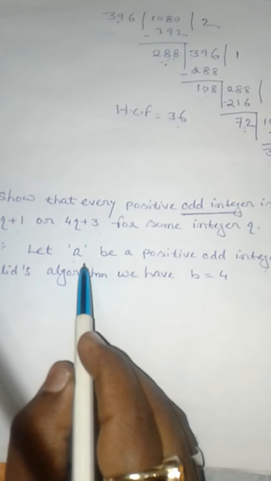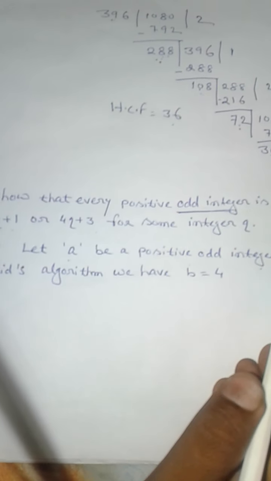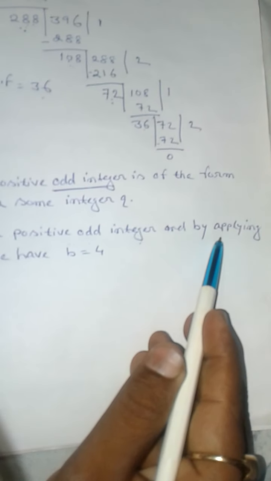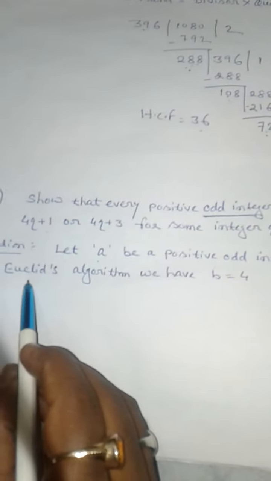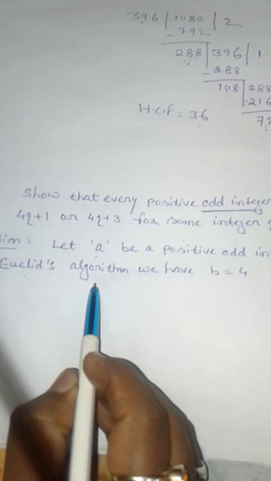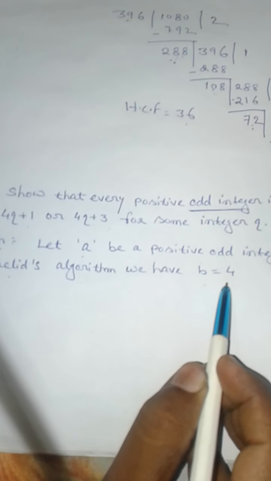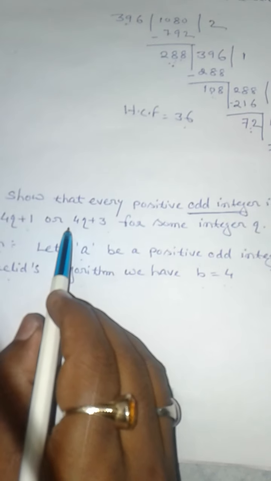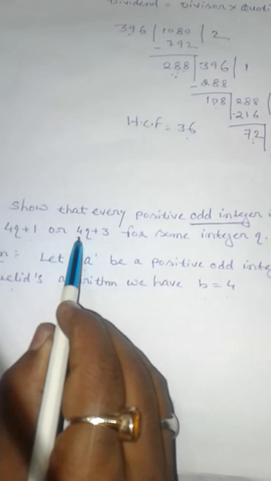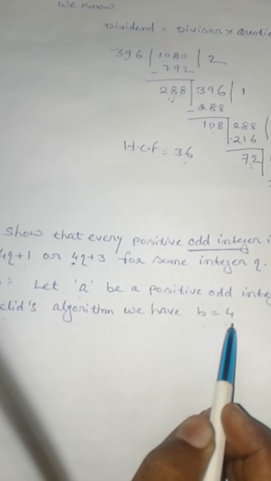By applying Euclid's, you have to remember this word, Euclid's, a great mathematician, algorithm, we will have b equal to 4. From where did I get 4? You can see here 4q plus 3 is there. So q means quotient and this 4 is our divisor, that's why I have written b equal to 4.